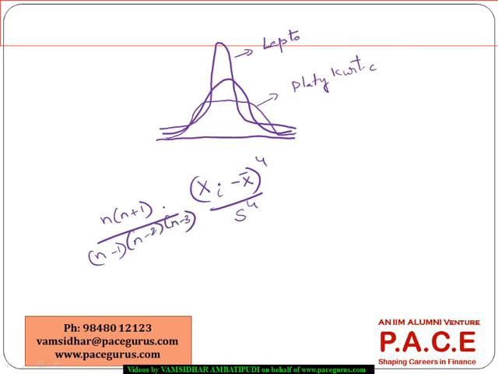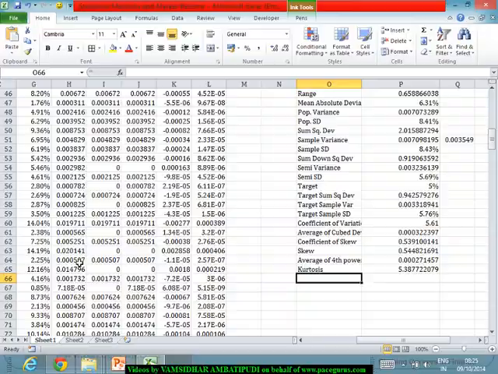But as n gets larger and larger, this entire thing works out to 1 by n. That's the reason we get the kurtosis as the average of the fourth power of the deviations divided by the standard deviation to the power 4.